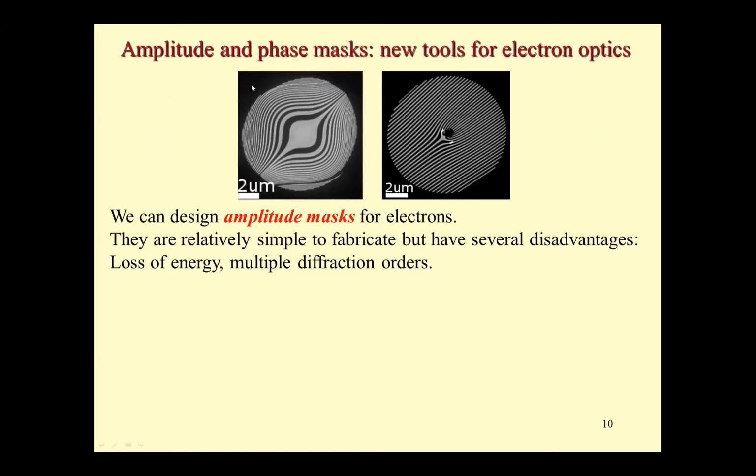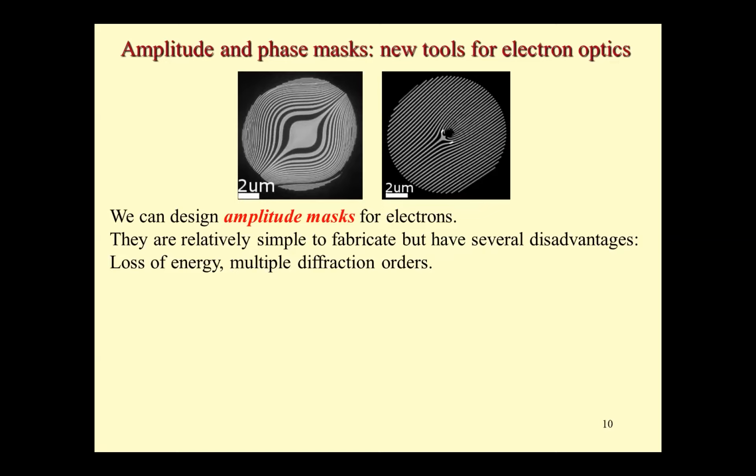What we can do is coat it with a layer of metal that makes it opaque. And then we can define some openings, again using FIB. Where we removed the metal, the electron beam can pass. And this is how we modulate the wavefront of the electron beam.